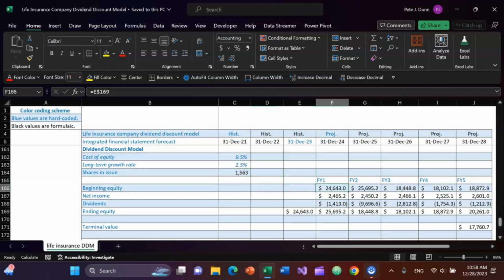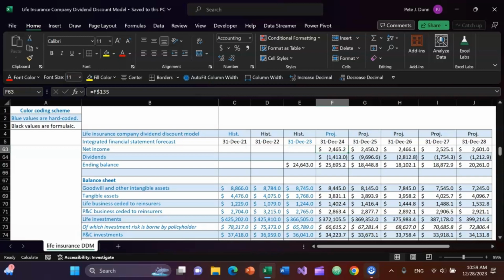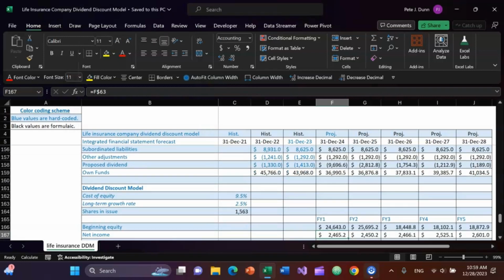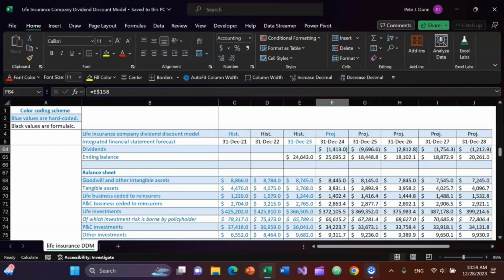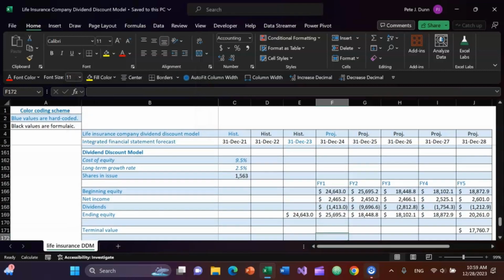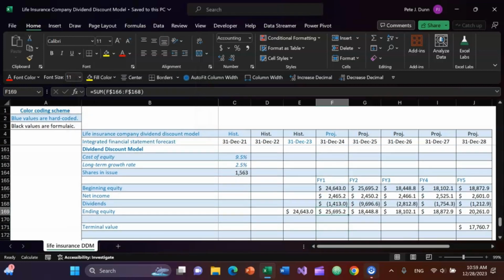And so you have your beginning equity from row 169, which is just previous period's end. Net income comes from row 63, so control left bracket. F5 enter to get back. Minus our proposed dividend from row 64, which references row 158, the proposed dividend, and that gets us to ending equity.